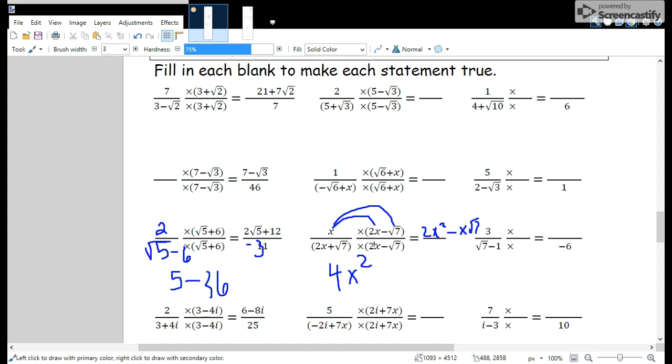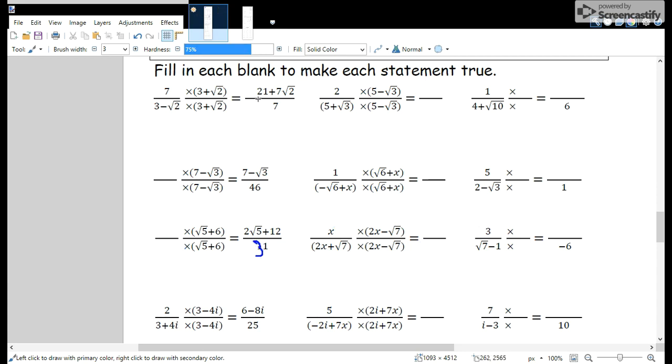The inner and the outer terms will cancel. And then square root of 7 times negative square root of 7 is minus 7. So the denominator will be 4x squared minus 7.